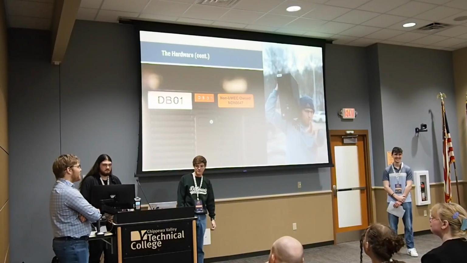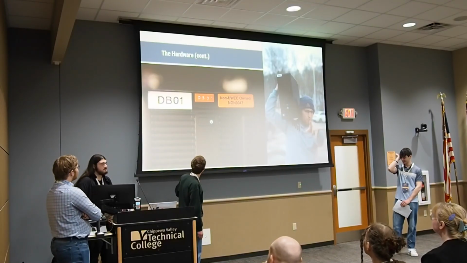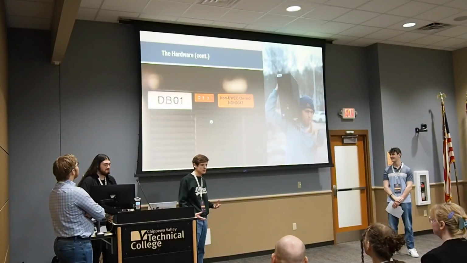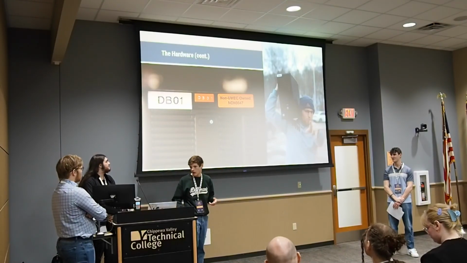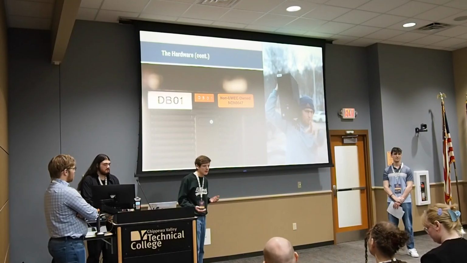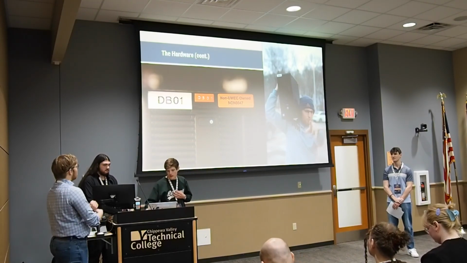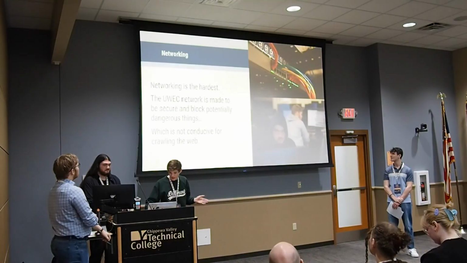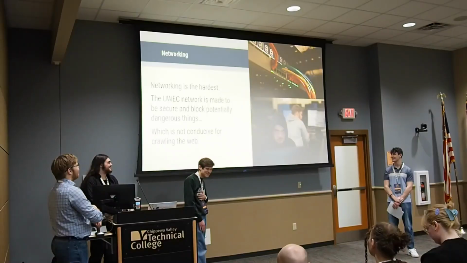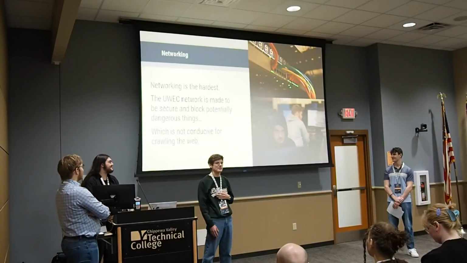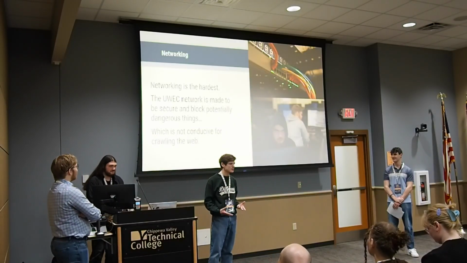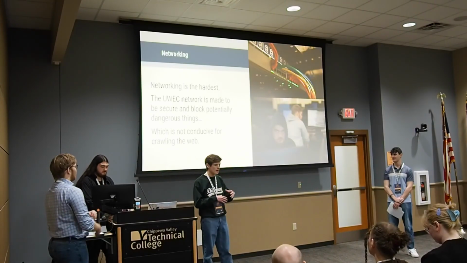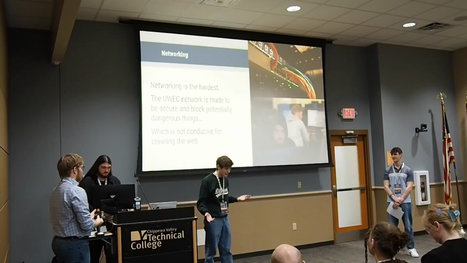But you can see that we label each machine, and each machine has its own host name associated with it, so it's easy to get to in theory. The UW-Eau Claire network makes it a little difficult when it comes to host name resolution, but the networking is genuinely the hardest part of this, dealing with a large university's network, because they have so many different things that I can't even comprehend.